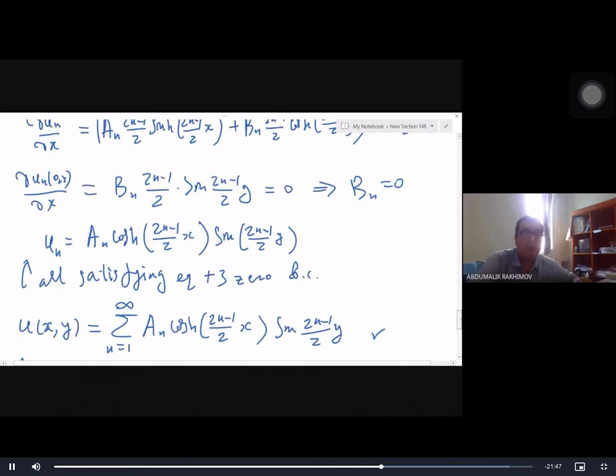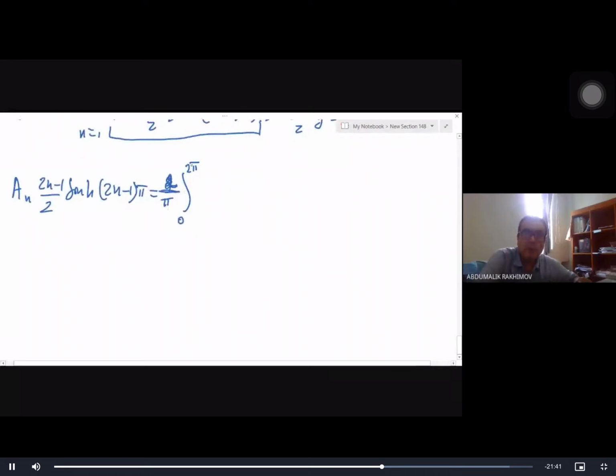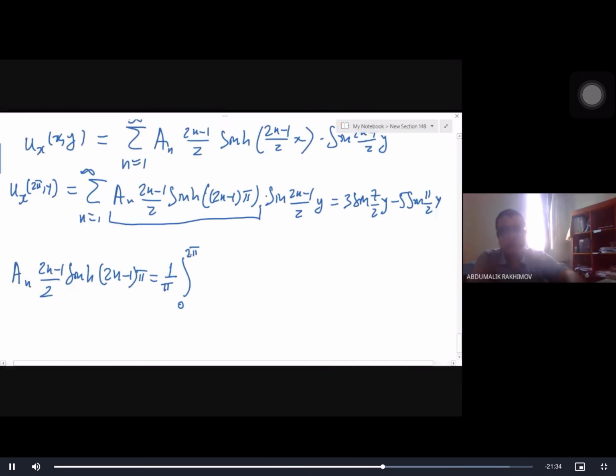Y is pi, so 2 over pi, integral from 0 to pi of the function, 3 sine (7 over 2 y) minus 5 sine (11 over 2 y), times sine ((2n minus 1) over 2 y) dy.